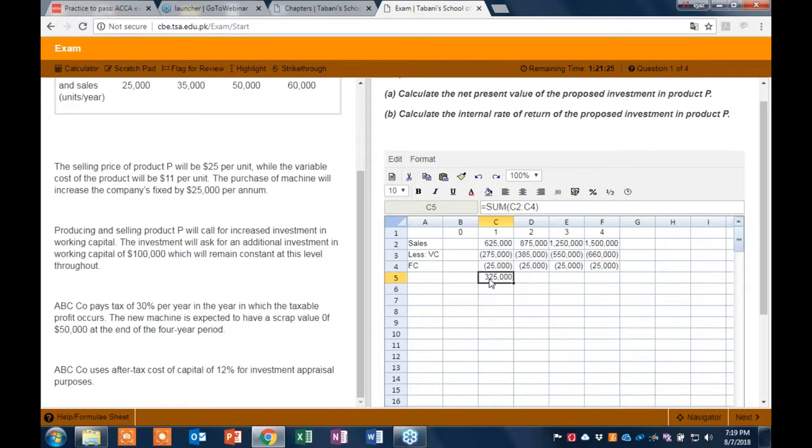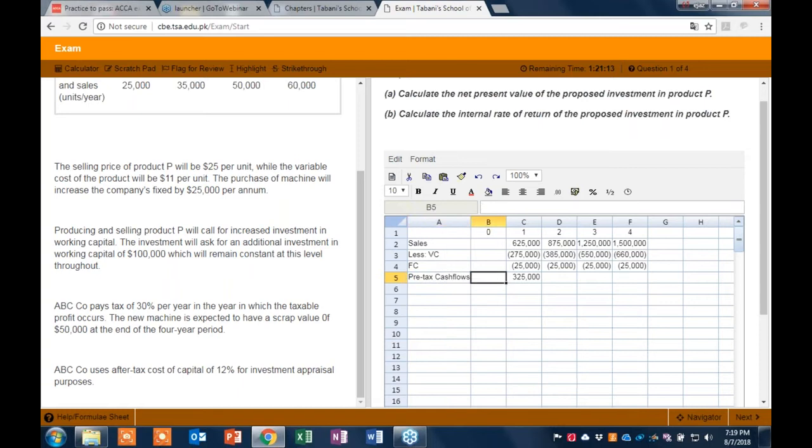So we can call it pre-tax cash flows. We can just copy this formula by pressing Control C and select these three cells and press Control V to paste this formula, and it will give us the net figure of all these three cash flows in every column.